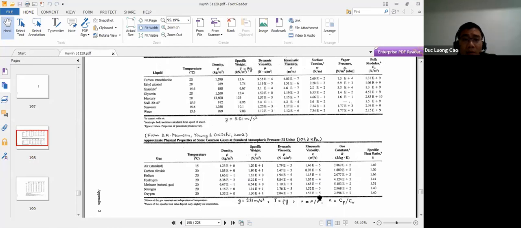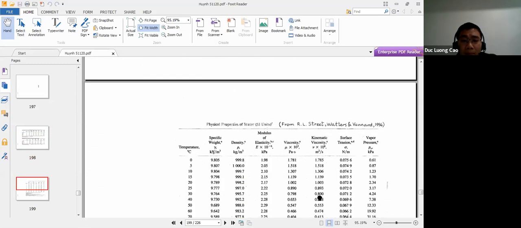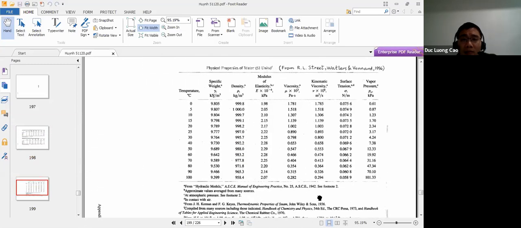Water and seawater at 15.6. And the next one here gives the physical properties of water at other temperatures, from 0 to 100 Celsius. You see the density of water does not change too much. At 0 it is 999.8, 5 is 1000, 10 is 999.7, 15 is 999.1. So in a normal condition you can assume the density of water is constant, 1000.